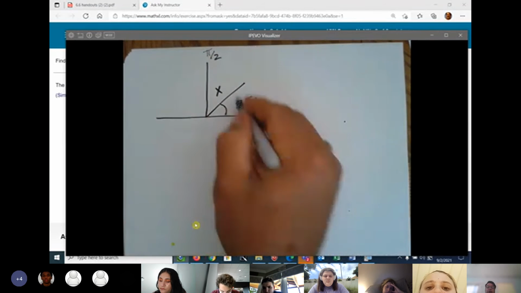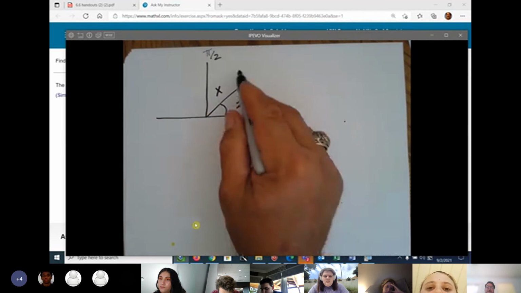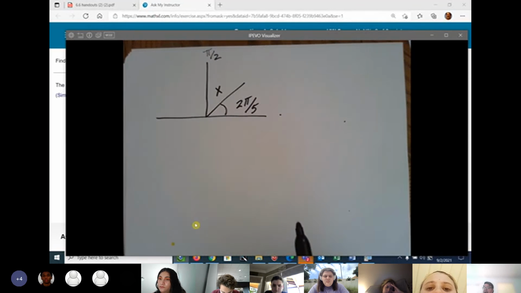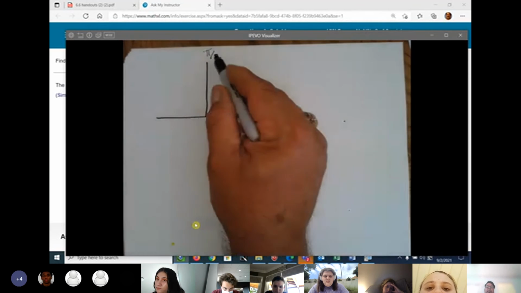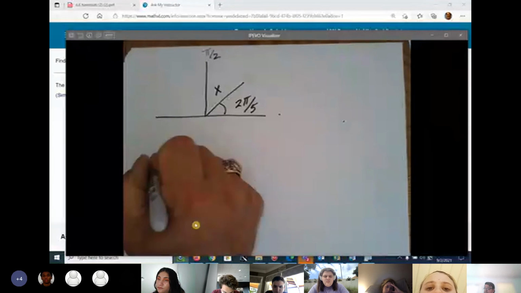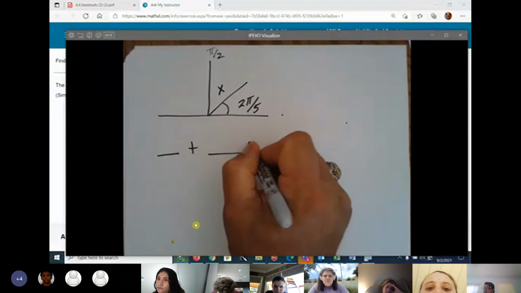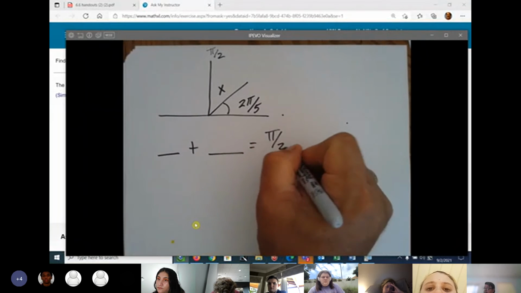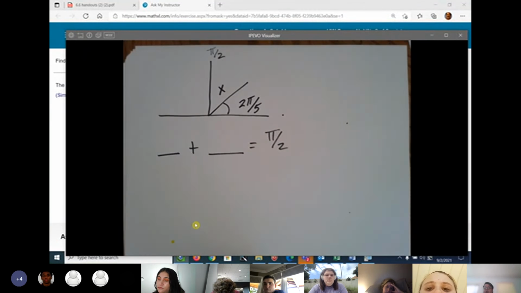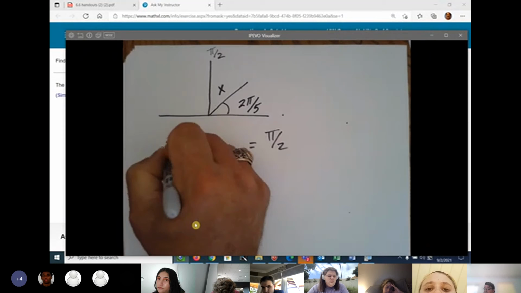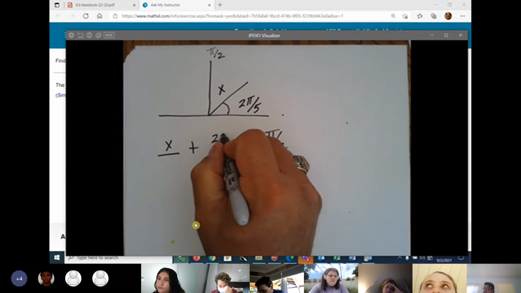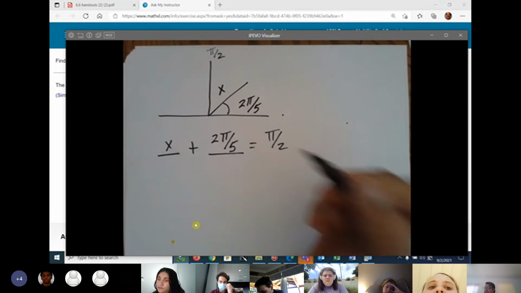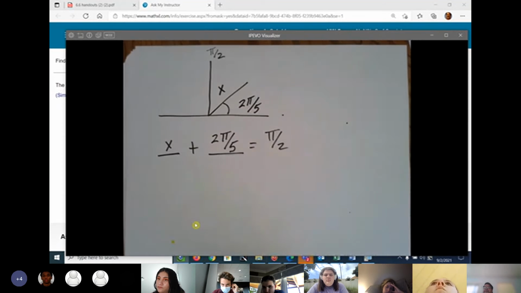All right, now I want you to put this in an equation. Blank plus blank is equal to pi over 2. So X plus 2 pi over 5 is equal to pi over 2.